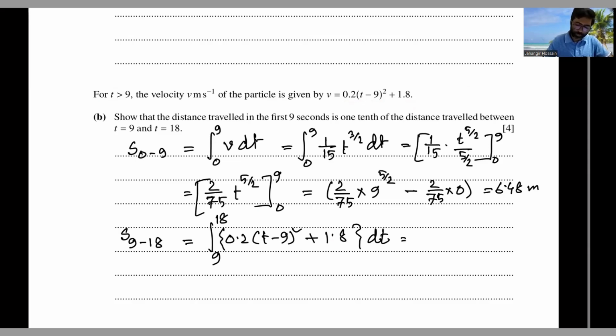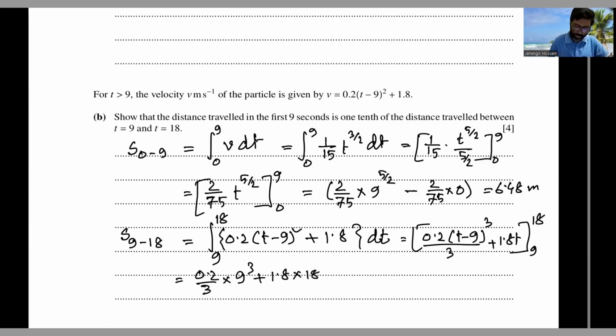Integrating, we have 0.2 times (t minus 9) to the power 3 by 3 plus 1.8 t, limit 9 to 18. If we substitute 18, we have 0.2 by 3 into 9 cubed plus 1.8 into 18, minus, substituting 9, we have 0 plus 1.8 into 9.